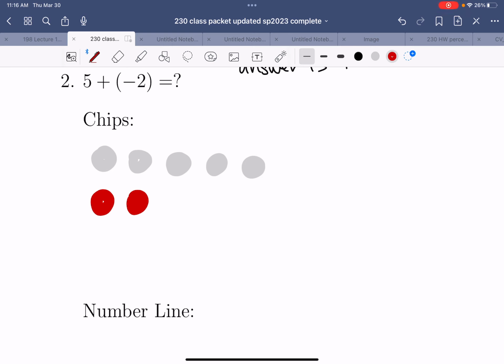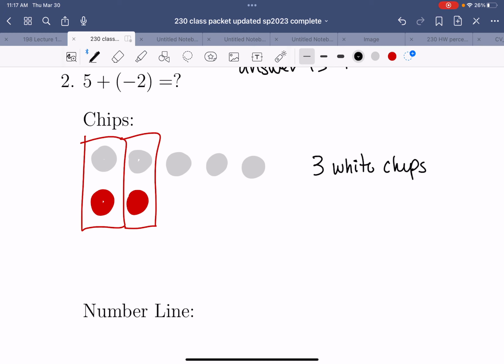Addition means combine, so I look at all of these together, and I match up any 0 pairs. So that's a 0 pair, and that's a 0 pair. Those are all 0. And so now what I have left are 3 white chips. So 5 plus negative 2 is positive 3.